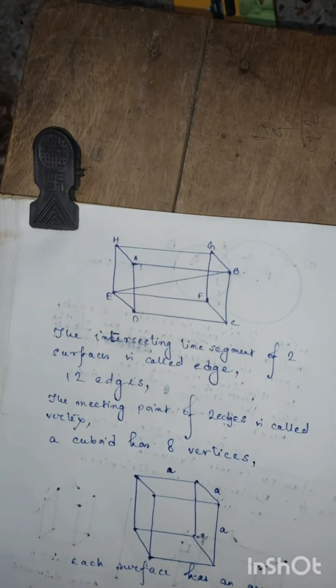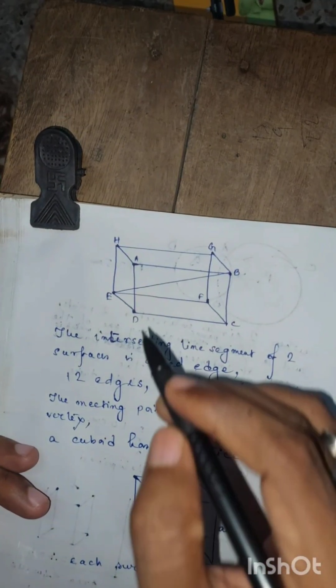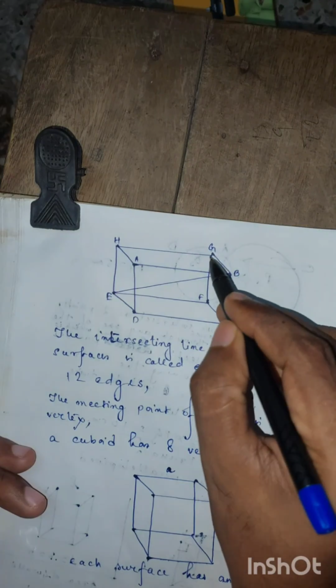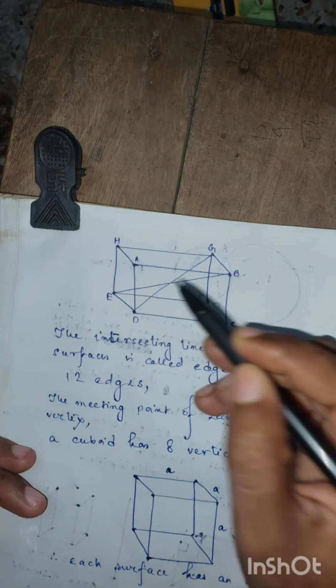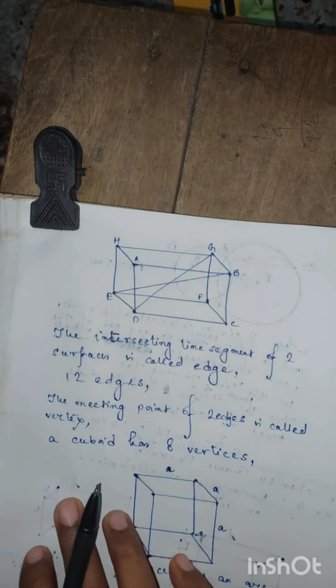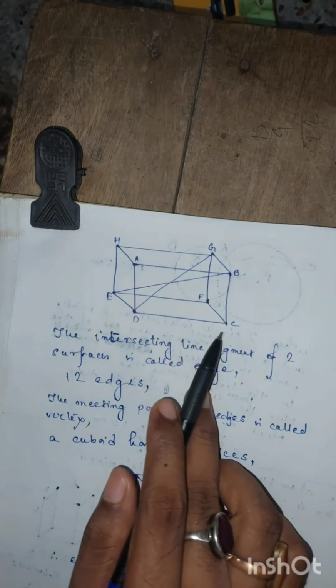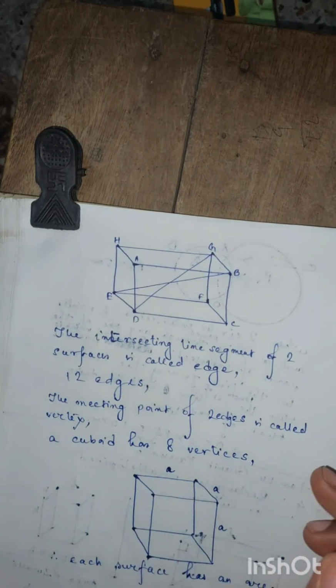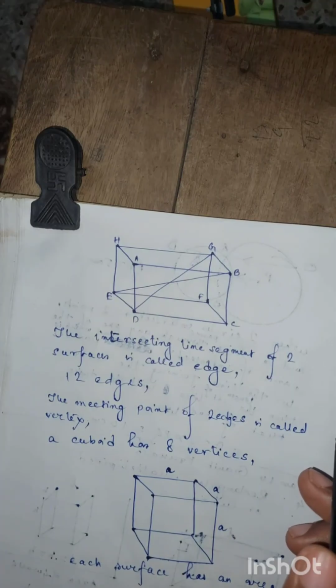So, EB is a diagonal. Similarly, if we join GD, this is also a diagonal, joining two opposite corners. Similarly, we can join HC and AF. So we have actually 4 diagonals.